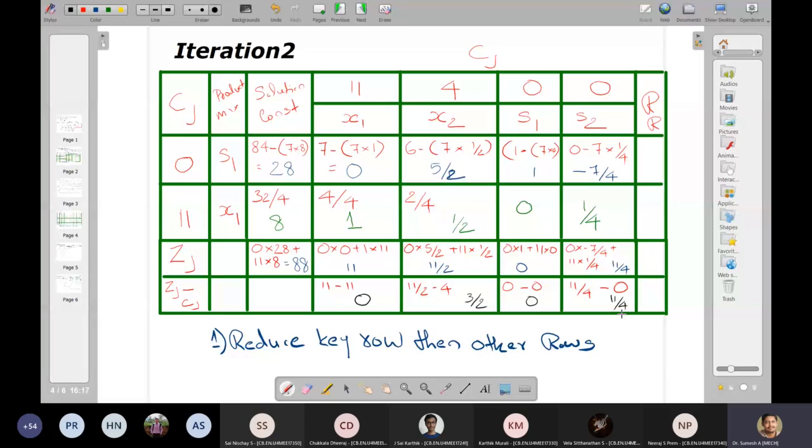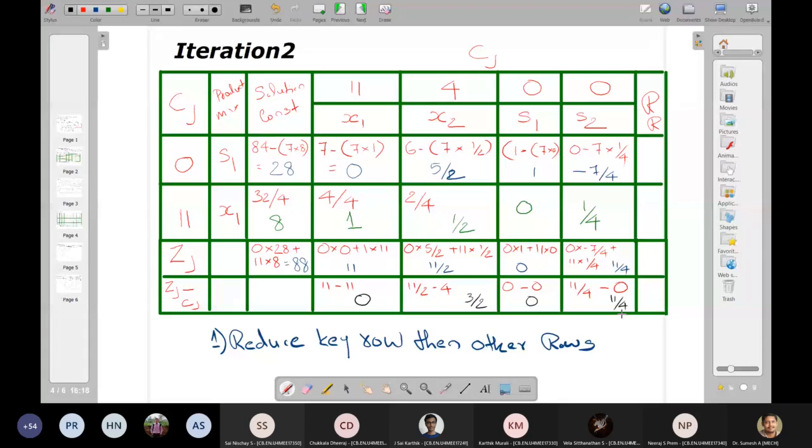Is that clear? Now, do we need to go for the next iteration? Is iteration number 3 there? No, sir.